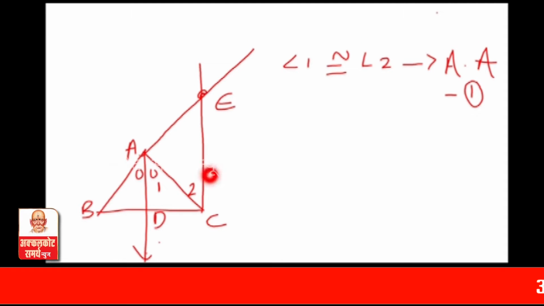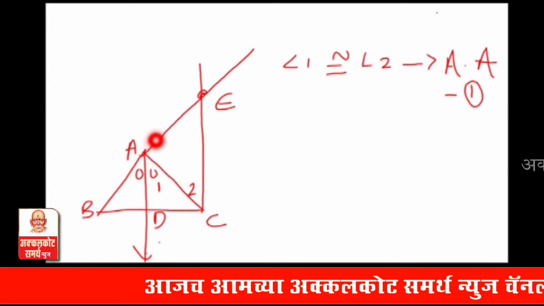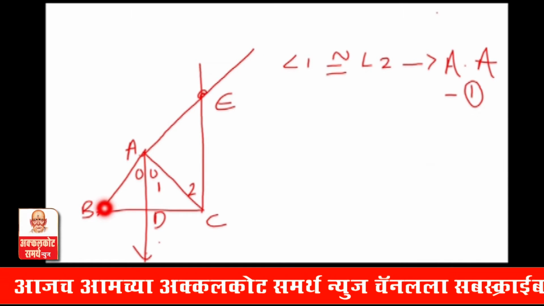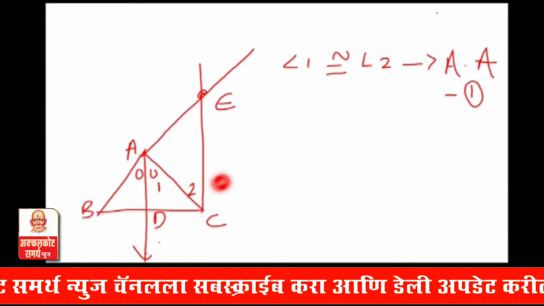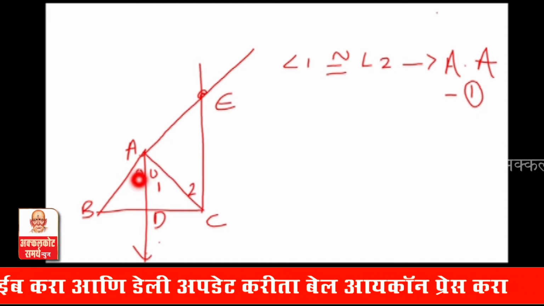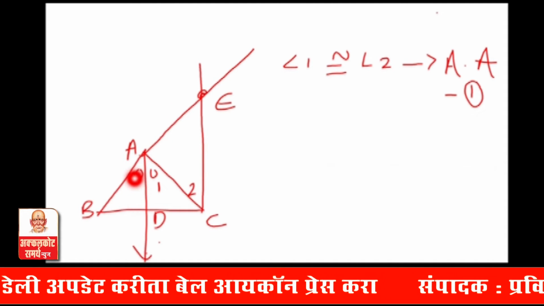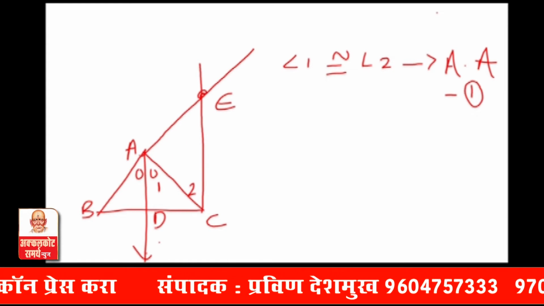Now see, again here AD is parallel to CE. Then this BAE will become a transversal. And due to that, see, this AD is parallel to this. So this is the transversal. So this angle, that is BAD, and this angle, they will become corresponding angles, right?